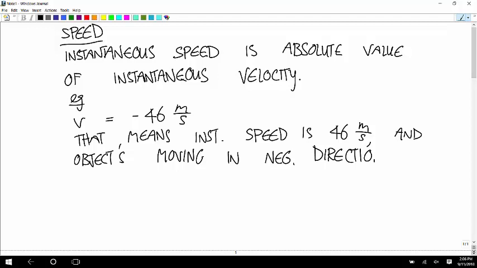So the other question is, what's average speed? And I think that's the one that there's a homework question that mentions.